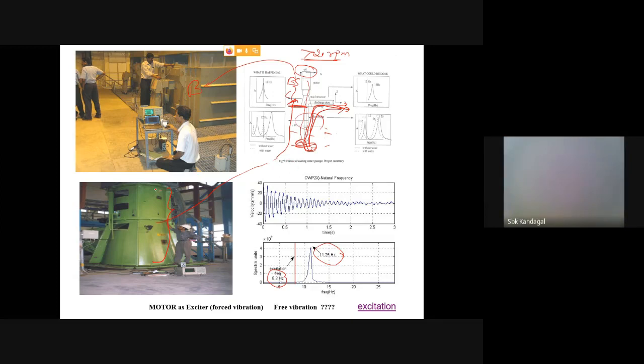So see, impulse excitation is good for small structures, but for a structure like this, which is around 6 to 8 tons, there are two things typically done. One is what we call the coast down.